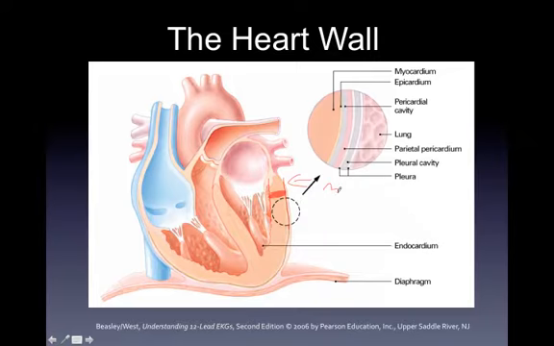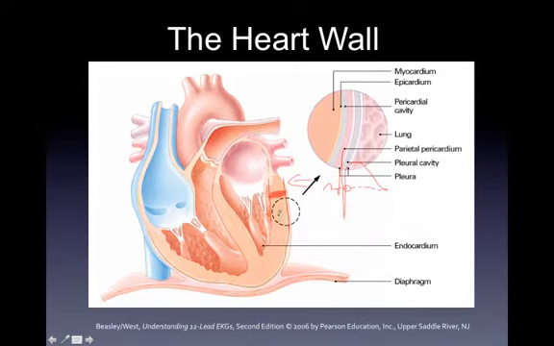So P, Q, R, S, and then we generally get an ST segment. And we'll talk about these waves more, the J point here. But this is what we generally see.